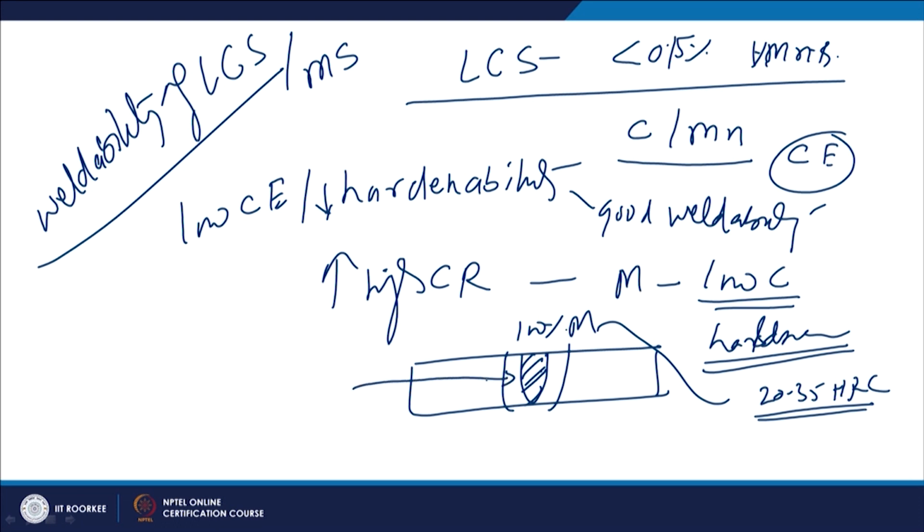but such a high hardness may not be that much troublesome, and the cooling rates which are experienced during the welding of low carbon steels in the heat affected zone are certainly lower than what will be observed in the weld metal.